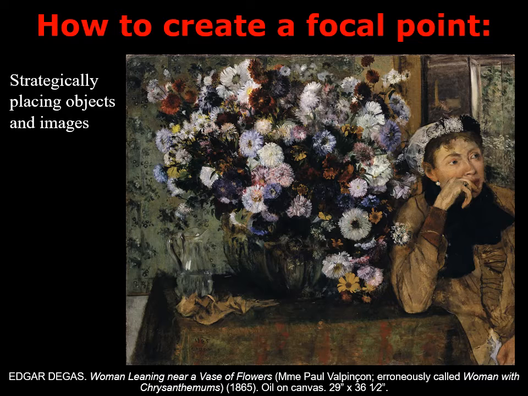But when you kind of start working your way around to the other stuff, you notice the wallpaper is almost sort of floral, as well as the lace on the lady's hat is also kind of floral patterned. So when you start getting all these similar patterns, they start to blend in.